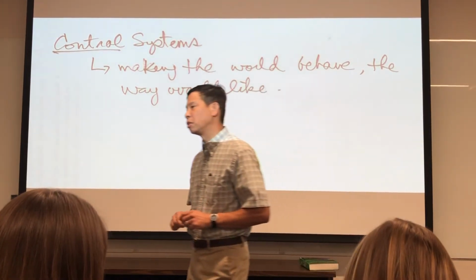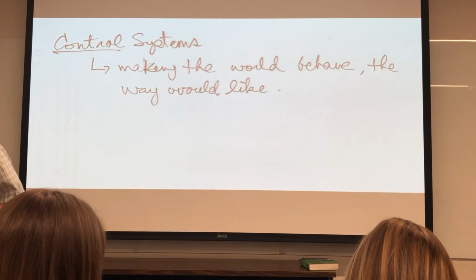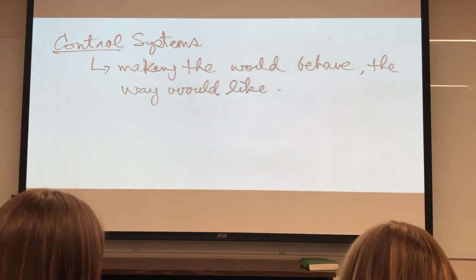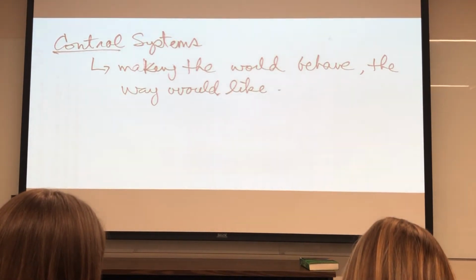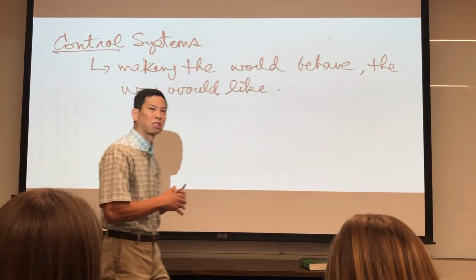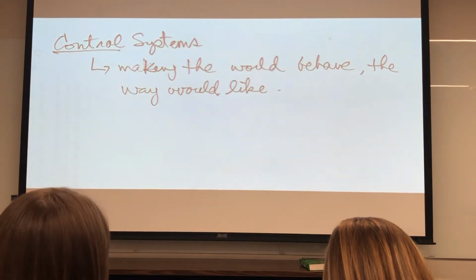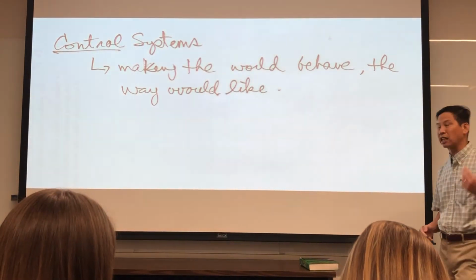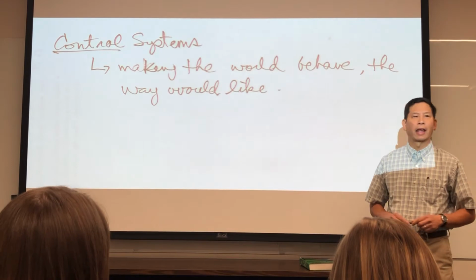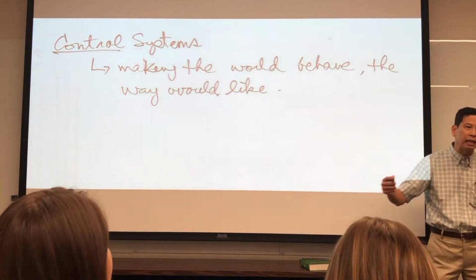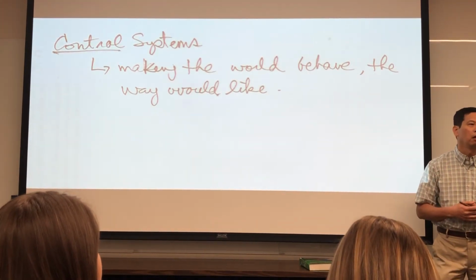So this is an electrical engineering class, so you may think control systems are all about electronics and things like that, but in reality it is not. Control systems is a much more broad field than that. Control systems are covered not only in this department, but also mechanical engineering, aerospace engineering, chemical engineering. And the thing that knits us all together is we're trying to make the world behave.